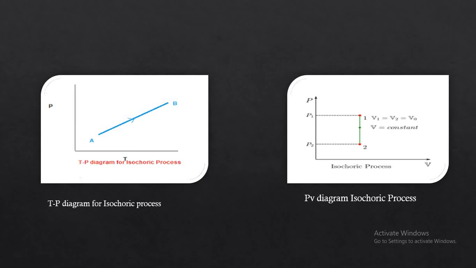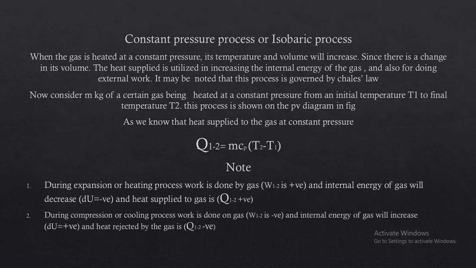Once heat is removed from the system, the pressure will also decline. In other words, it follows the gas law where P is directly proportional to T, where volume is constant.